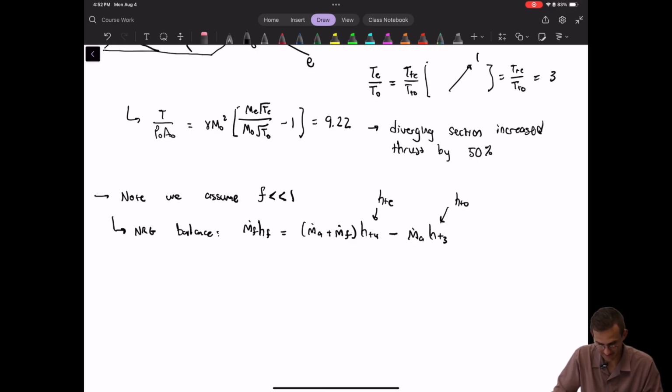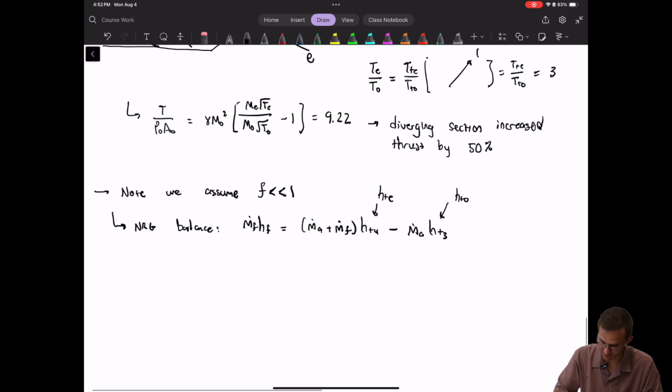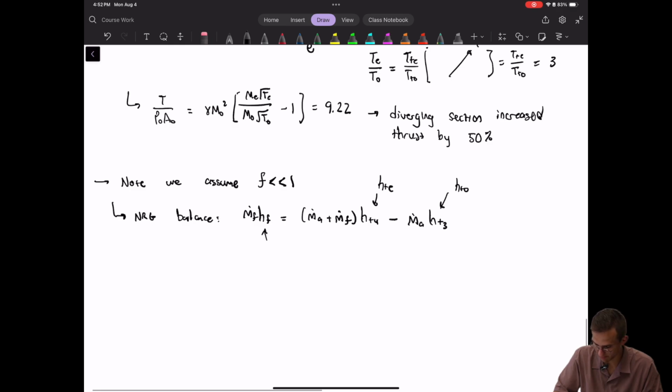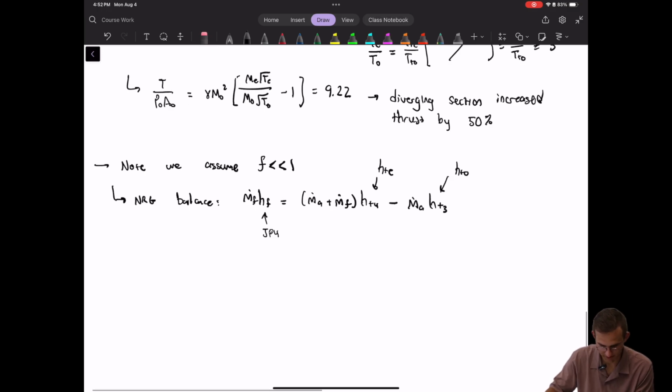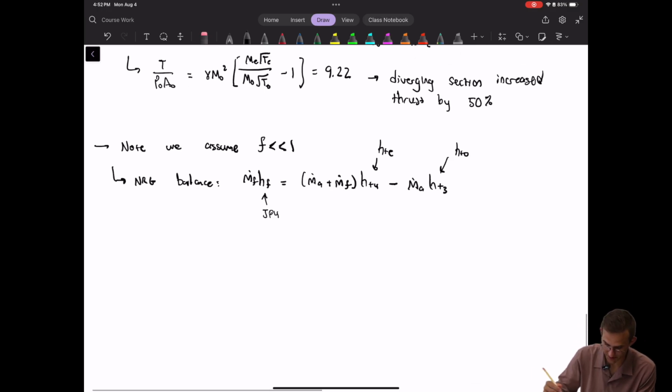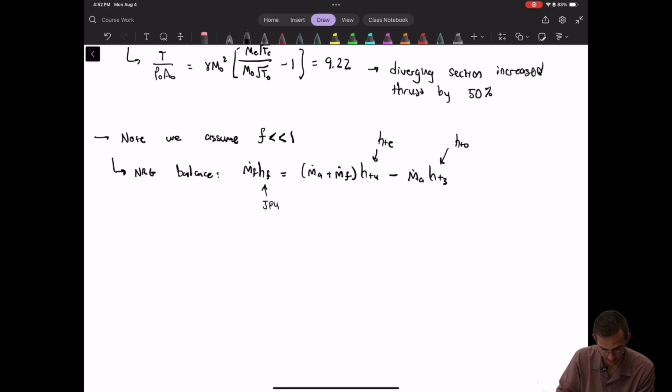Okay, and we are going to assume that we're burning JP4 fuel. So we'll know what hf is. And we can divide both sides of this equation by m dot a, and what we end up with is the following: f times hf is equal to 1 plus f quantity times ht4 minus ht3.